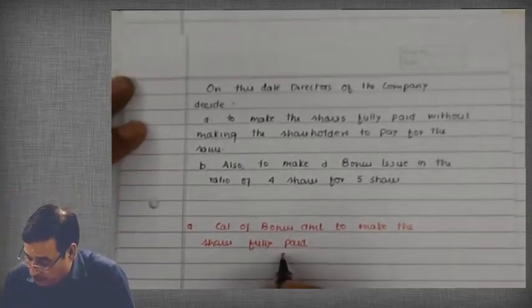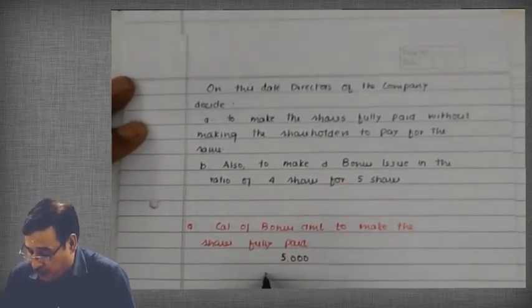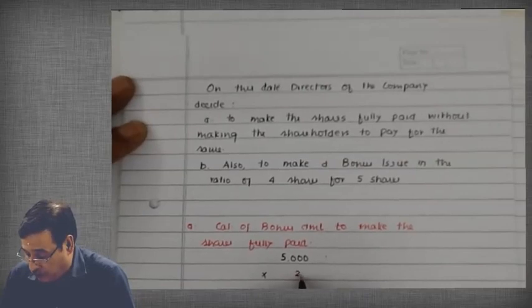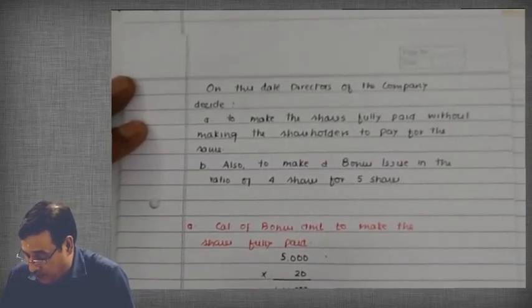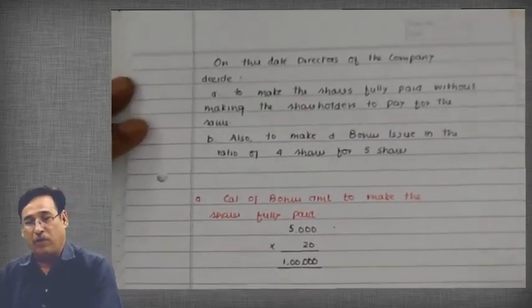In this case, we need to know the number of shares, which is 5,000, and we need to know the uncalled amount, which is 20. So we can say that the bonus amount for the purpose of making the partly paid shares fully paid happens to be 1 lakh, isn't it?